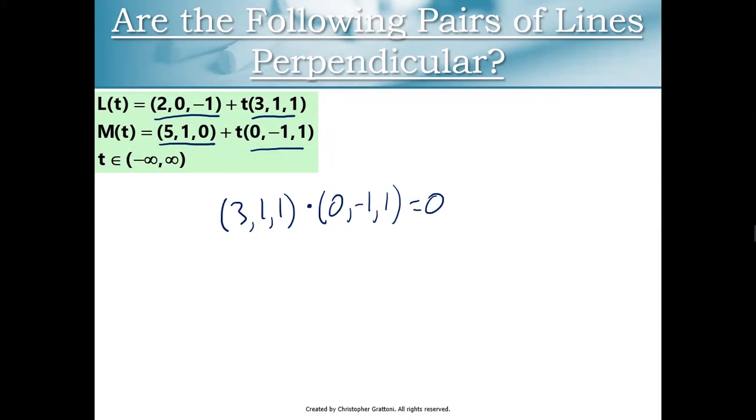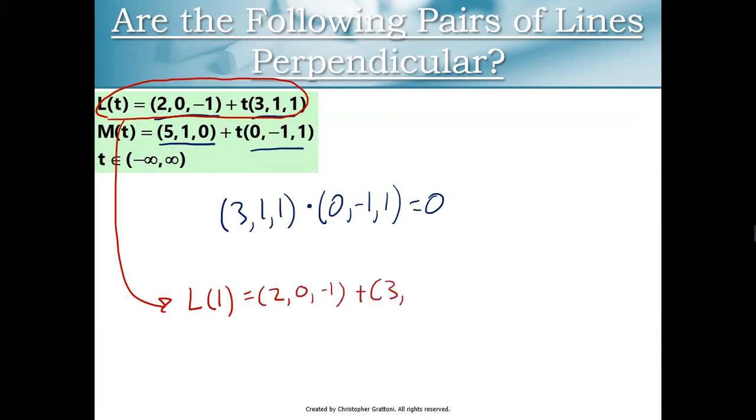Now sometimes you can eyeball it, so if you're ever able to just look at this and see the answer, go for it. Like for this particular example, if you take your L of t here, I could see that L of 1 would equal 2, 0, negative 1 plus 3, 1, 1, which is going to equal 5, 1, 0. Oh, I just found it.